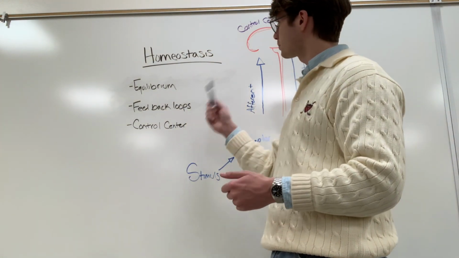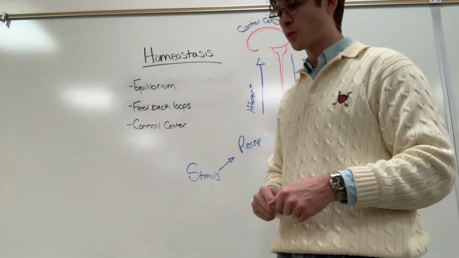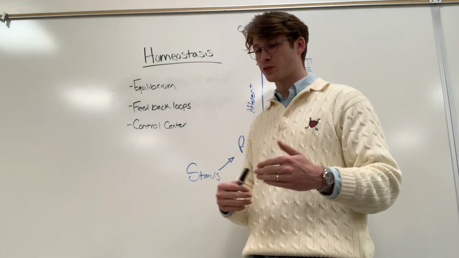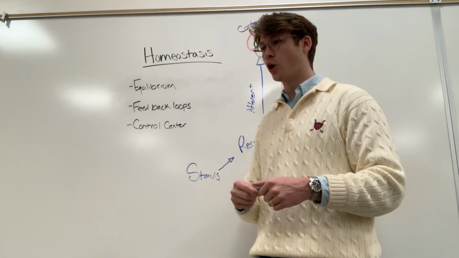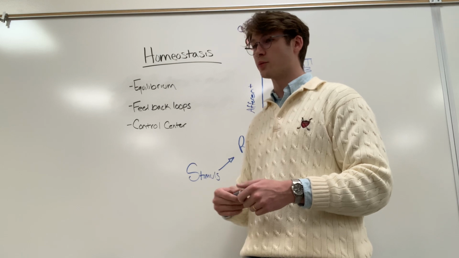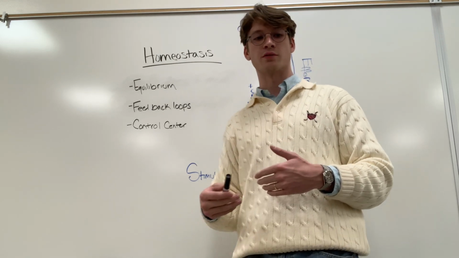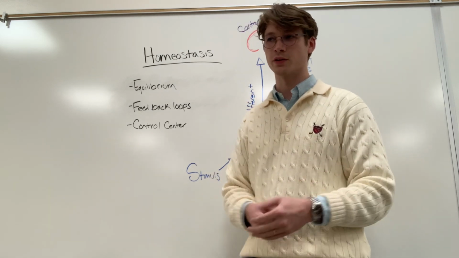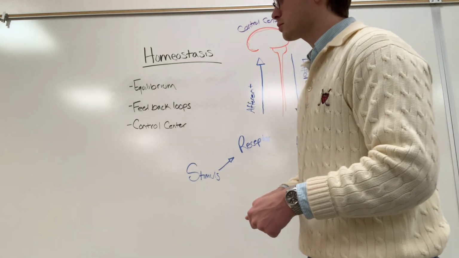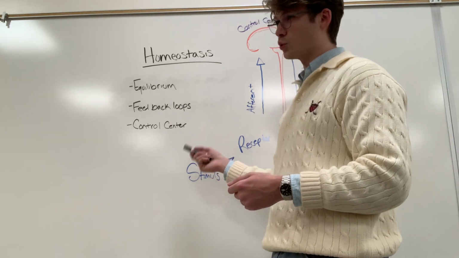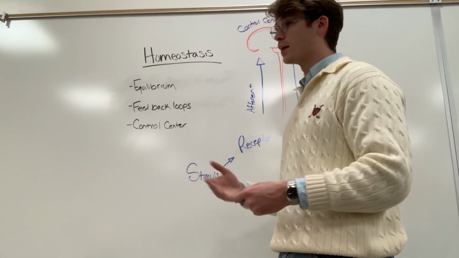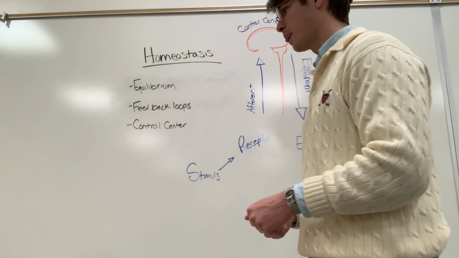So to begin, homeostasis. Every system within our body has a range that it prefers to be in to function properly so that we can be healthy. There's a term we use, which is equilibrium, and that is the state that I'm talking about.